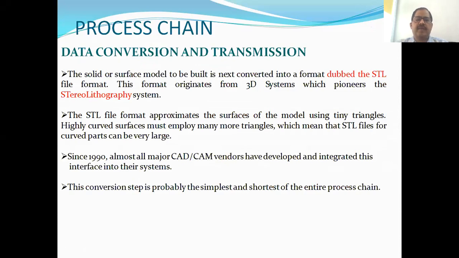The STL file format approximates the surface of the model using tiny triangles. Highly curved surfaces must employ many more triangles, which means STL files for curved parts can be large. Since 1990, almost all major CAD vendors have developed and integrated this interface into their systems. The conversion step is probably the simplest and shortest of the entire process.